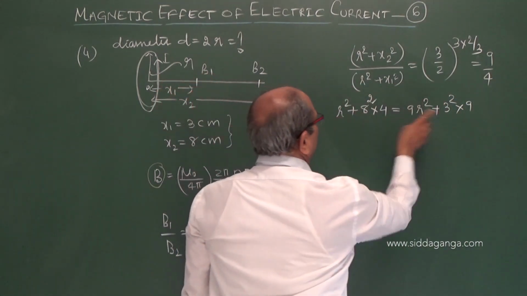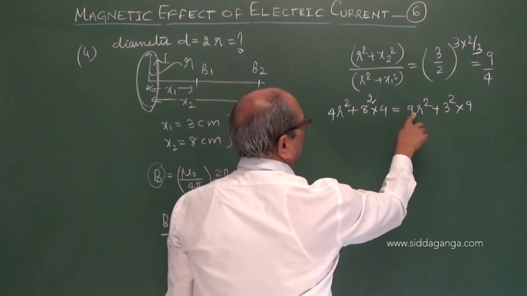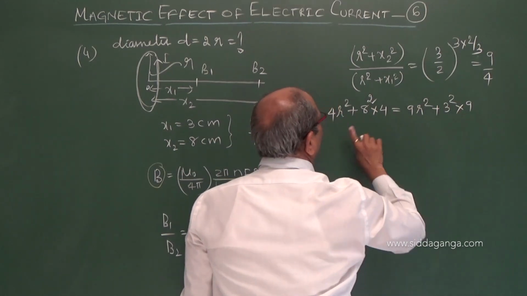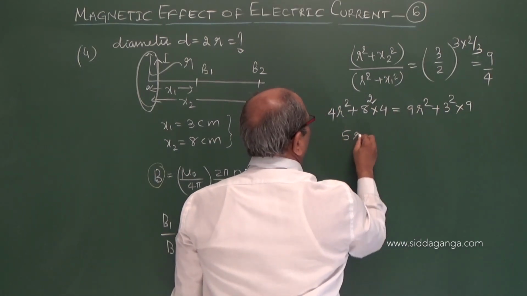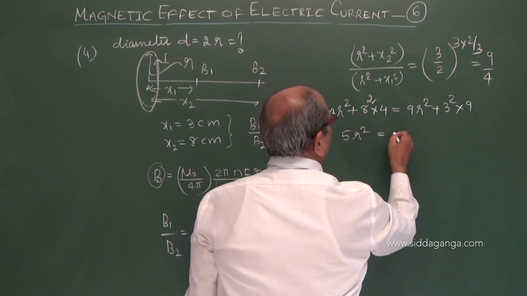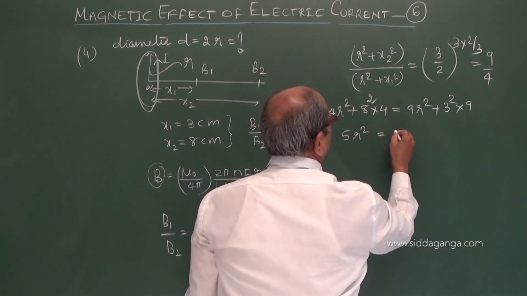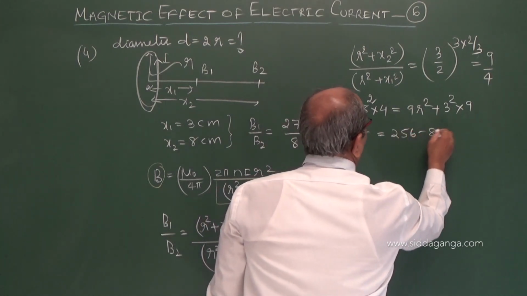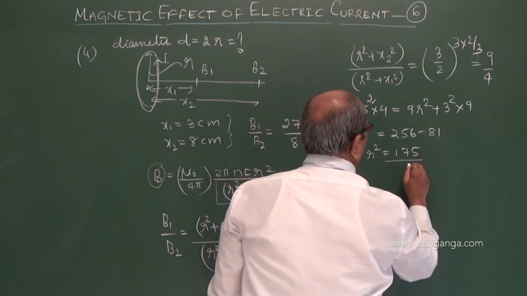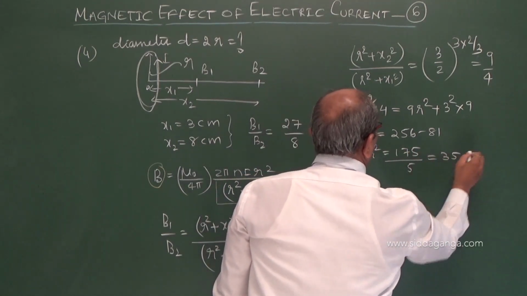If you take the other side, 4r square, 4 into 8 square, 9r square, 9 into 3 square. 9 minus 4 becomes 5r square equal to 256 minus 81, since 9 times 9 is 81 and 64 times 4 is 256. That is 175, and 175 by 5 is 35.